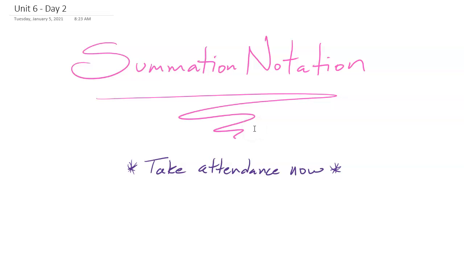So today we're basically doing the Algebra 2 version of it. It seems like some years summation notation gets taught in Algebra 2 and other years not, so I'm not going to assume that you guys have had it. From the feeling I had yesterday, I think a lot of you haven't seen summation notation.